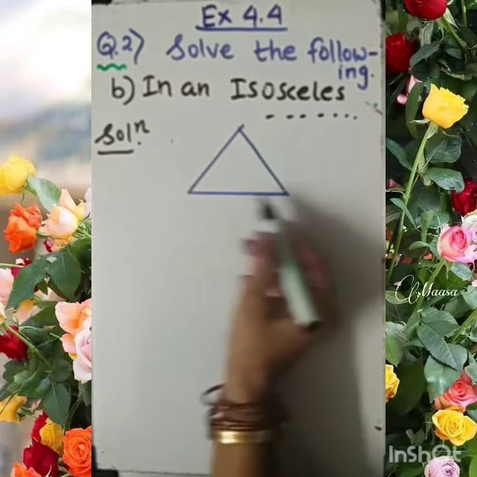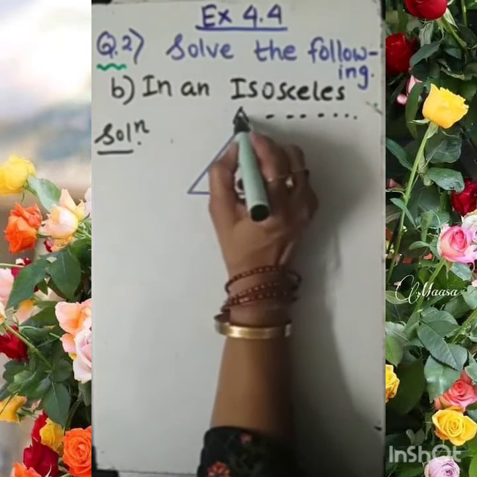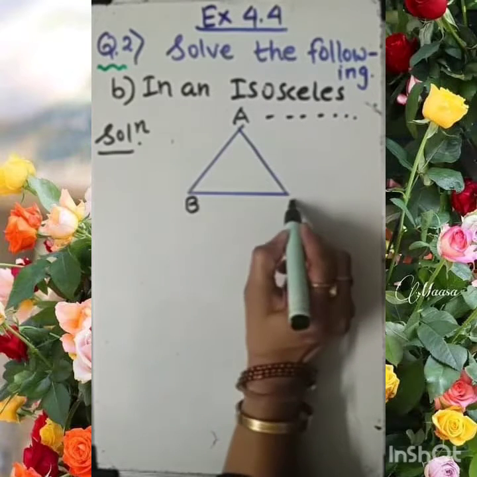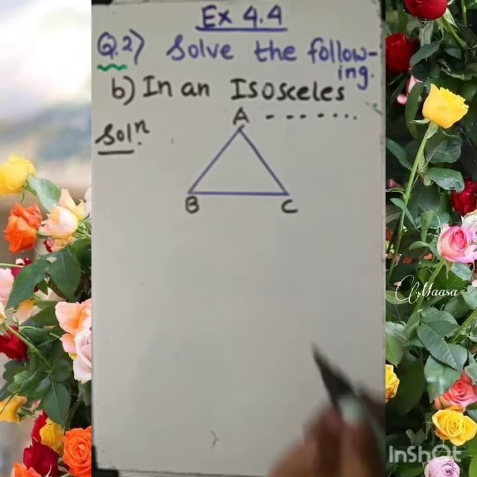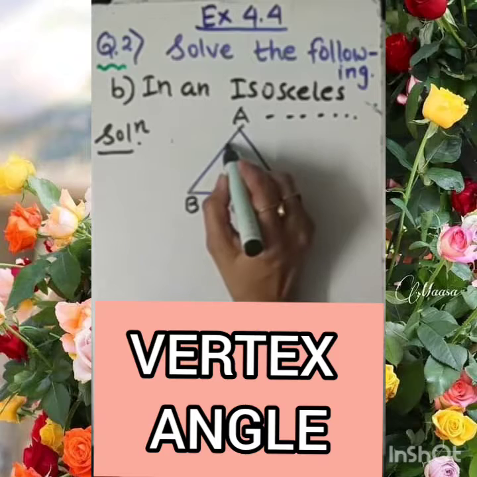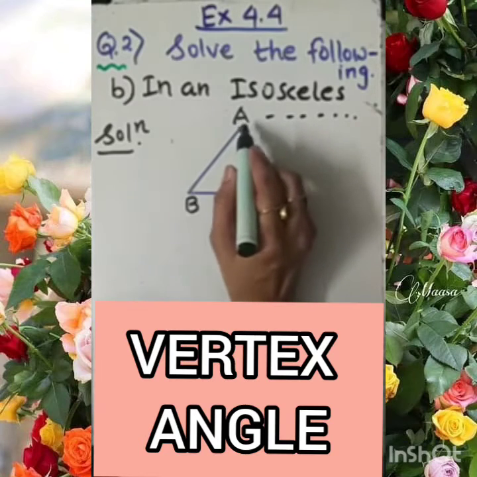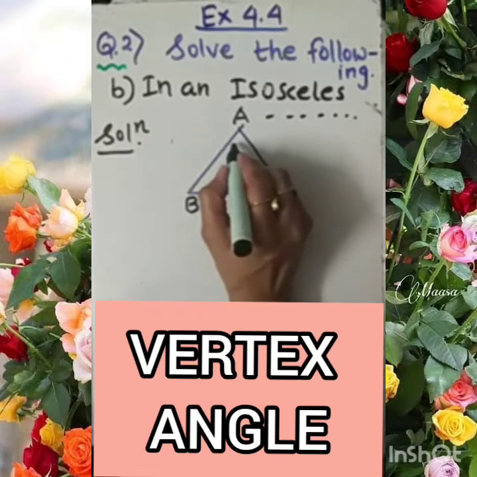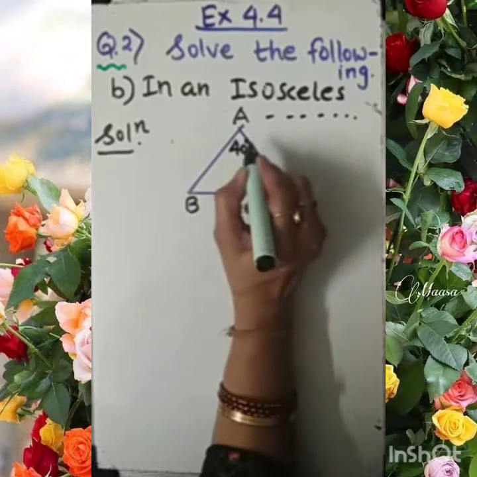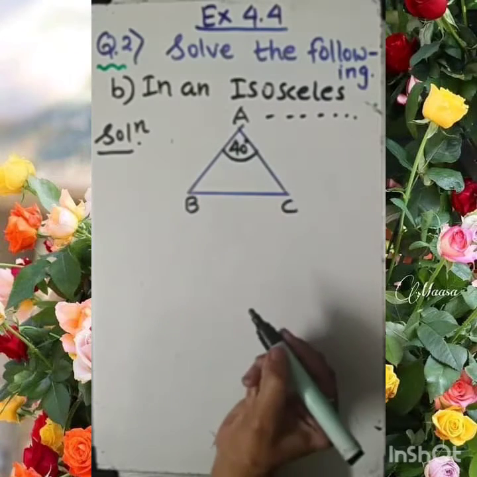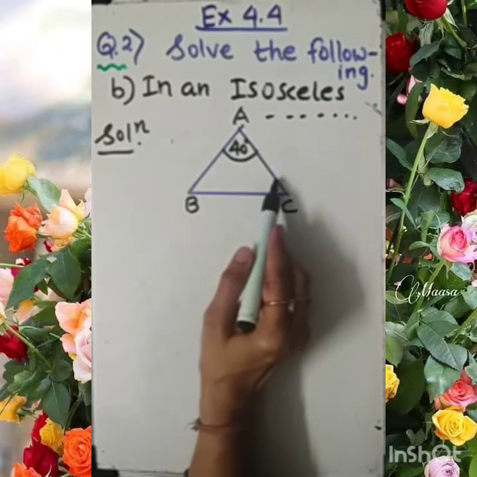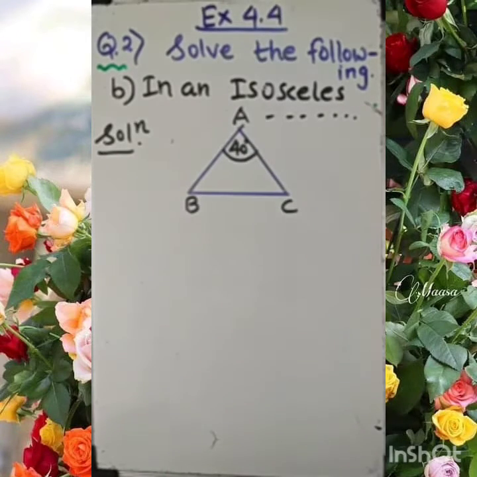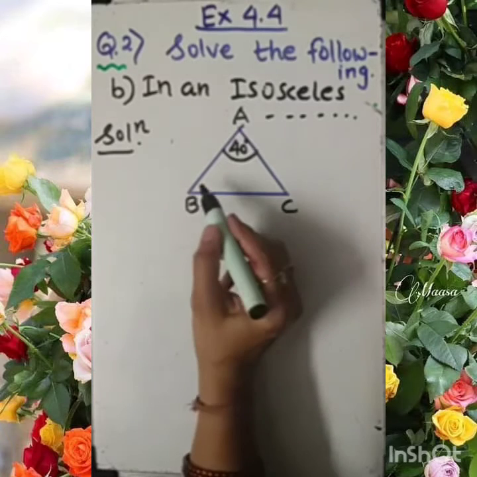I have here one figure of a triangle. I am giving it the name triangle ABC. As we know, this angle A is called the vertex angle, which we are already given. That is, the vertex angle is 40 degrees. So I'm mentioning 40 degrees here. This is called the vertex angle, and angle B and angle C are called base angles. And these we do not know.